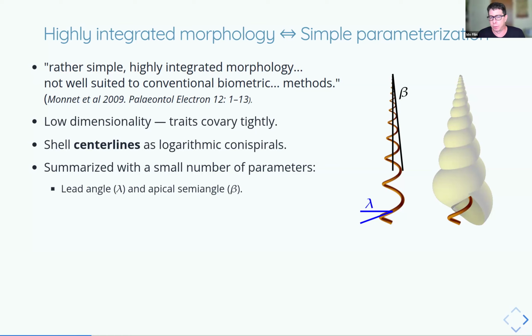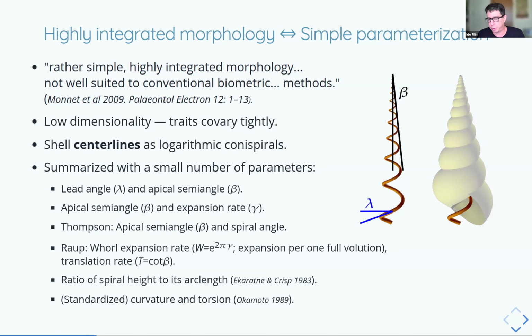So these two parameters completely define the shape of this centerline spiral of the shell, but because it's a very low dimensional morphospace, we can choose any other pairs of parameters. So it could be apical semi-angle and expansion rate, and you can see all the other examples here from the history of the subject.